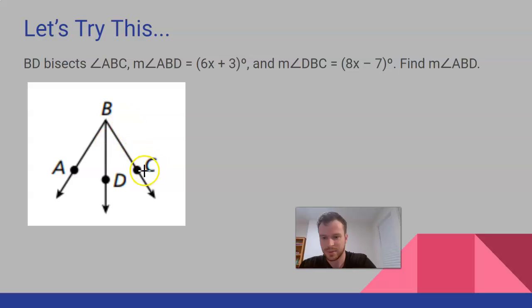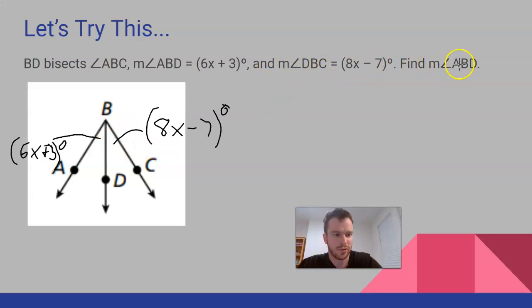So ABC is the big angle, angle ABC, and the measure of angle ABD is 6x plus 3. So A to B to D, that's this angle right here, 6x plus 3 degrees. Put that in parentheses because the degree sign applies to the whole expression. Okay. Now the measure of angle DBC is 8x minus 7.